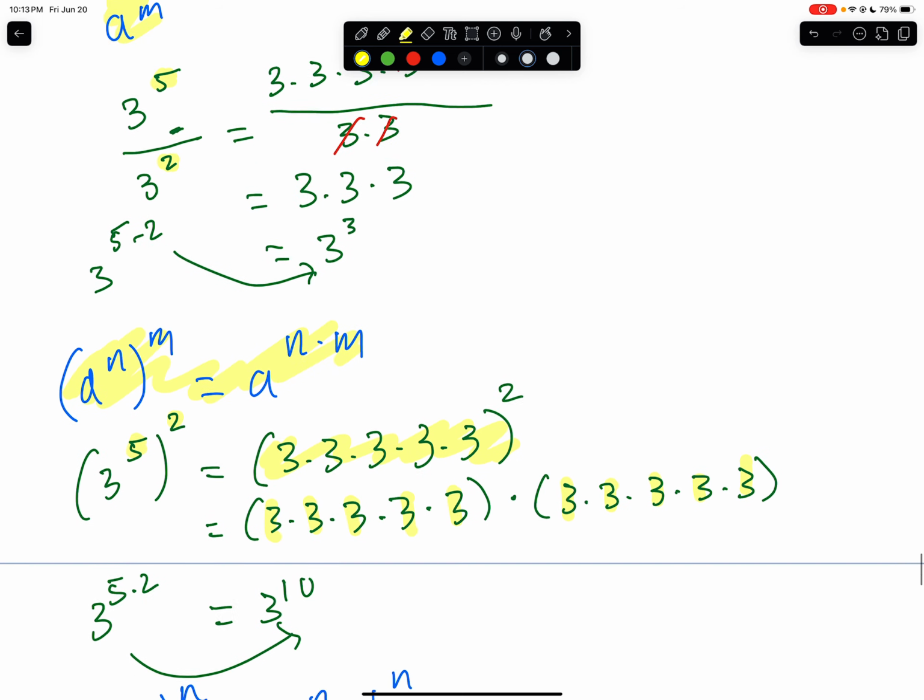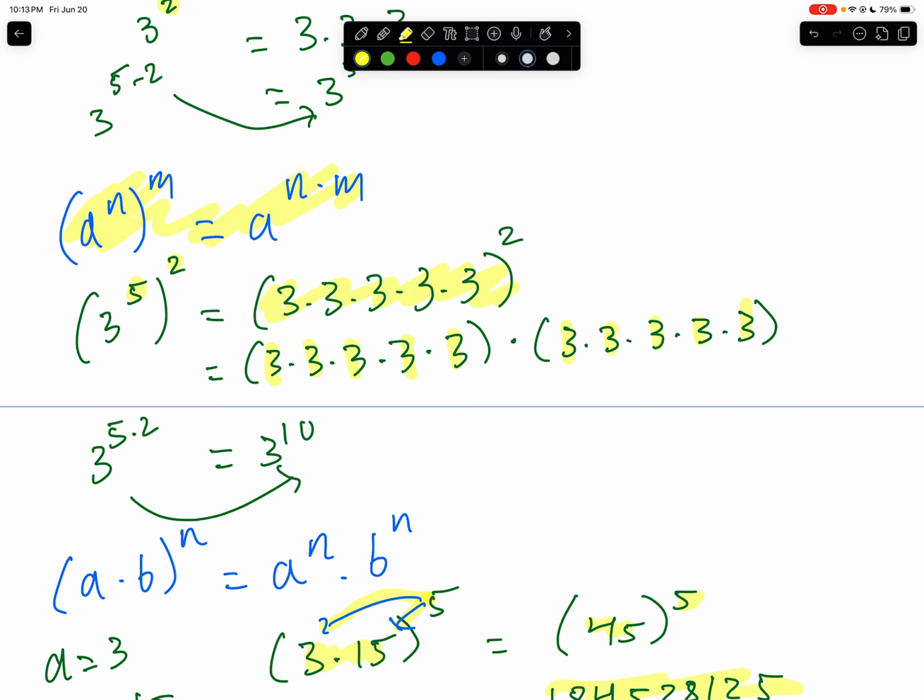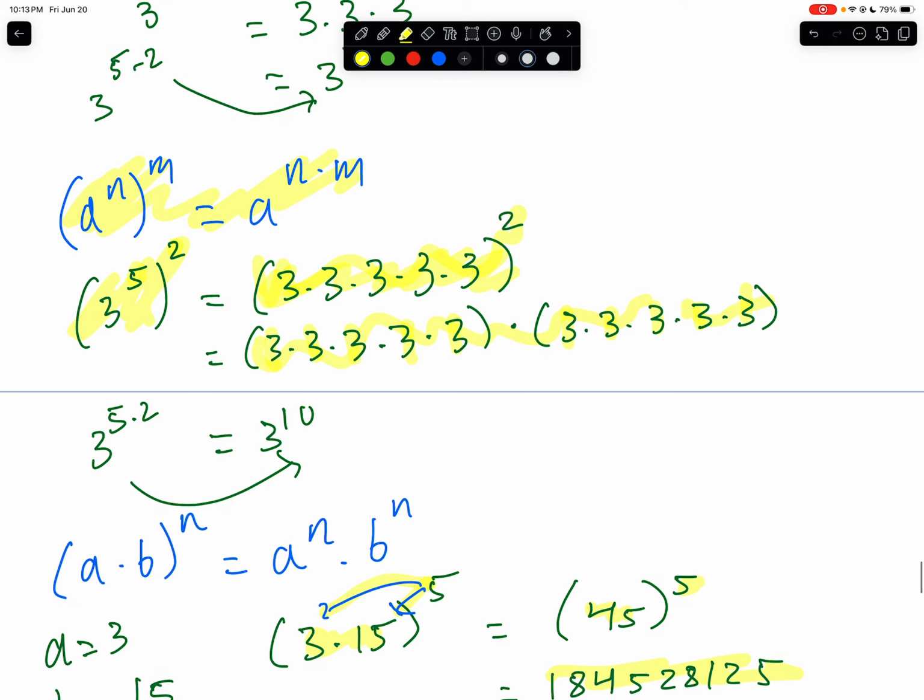But if you were just dealing with constants and numbers, like 3 to the 5th squared, then you probably didn't even need to know this. You could just work it out like how I did here. But there's a reason why it works, and it's because if it works with numbers, it can work with variables too, for the most part.